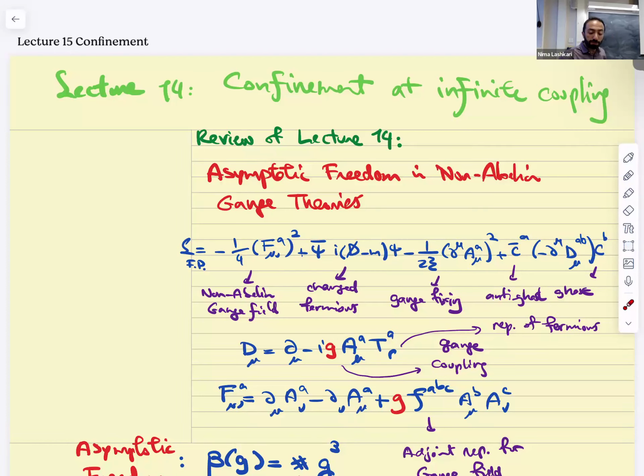We saw that the beta function we calculated would end up being negative, asymptotically free, if you had few enough fermions for your non-abelian gauge group.